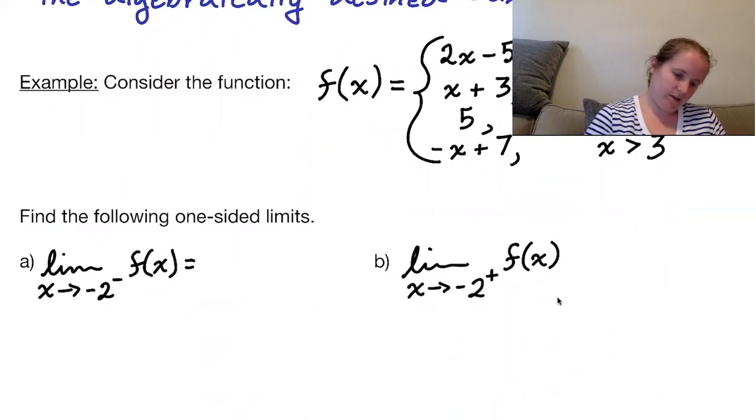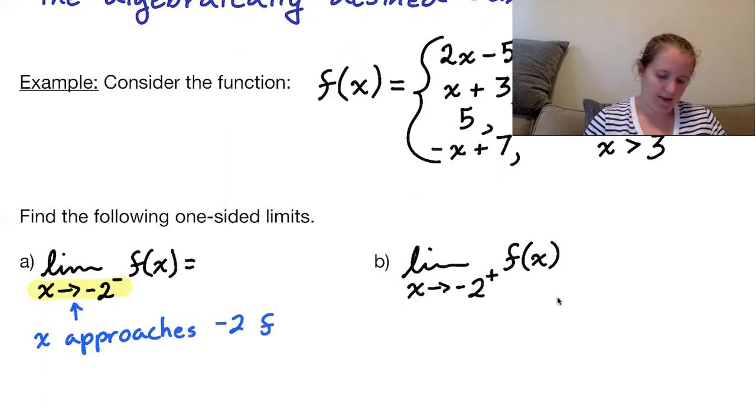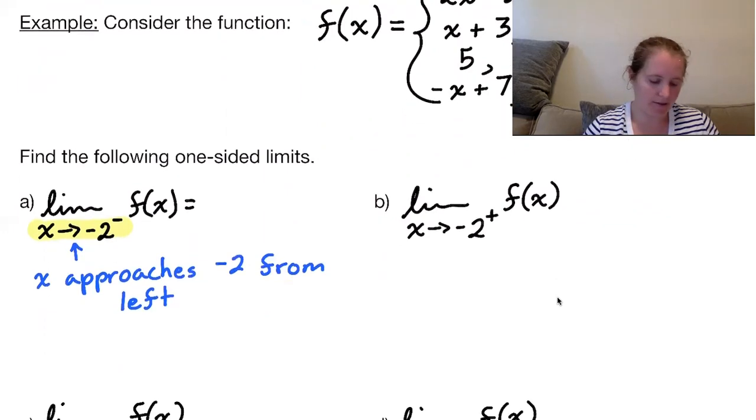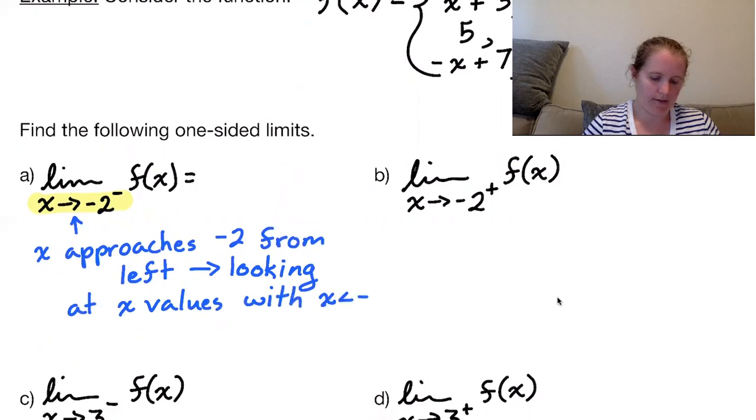As x approaches -2 from the left, that means that the x values we are looking at are for x values less than -2.